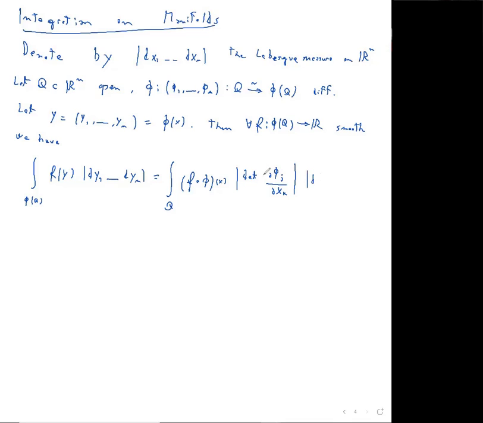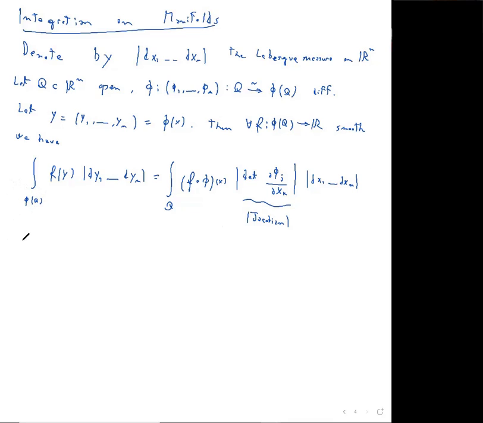With this, of course, I mean the determinant of the Jacobian matrix, the absolute value. So this is simply the change of variables formula. You should be extremely familiar with it. You've used it many, many times.